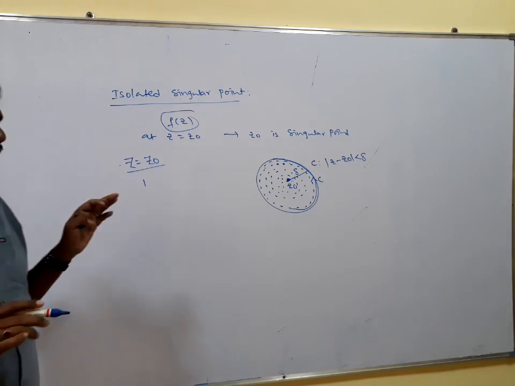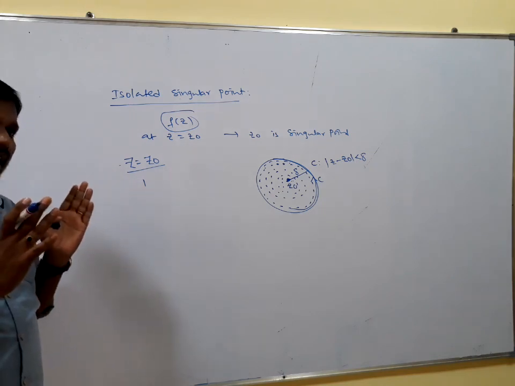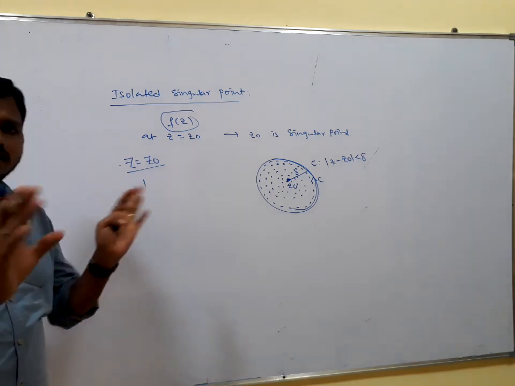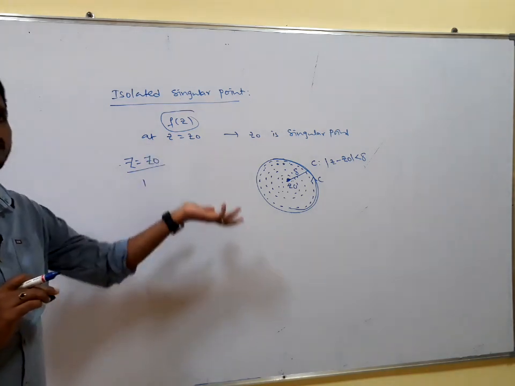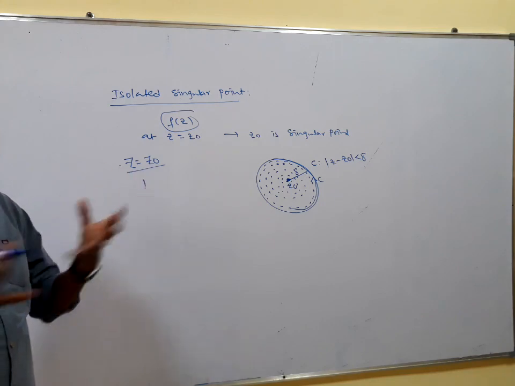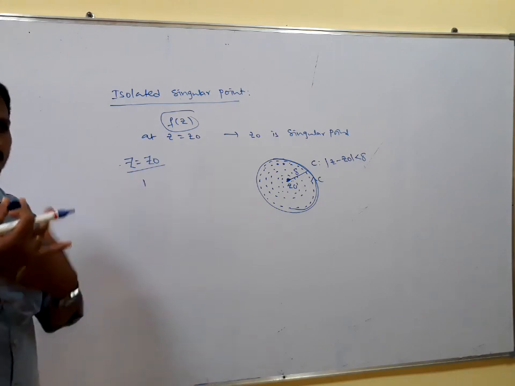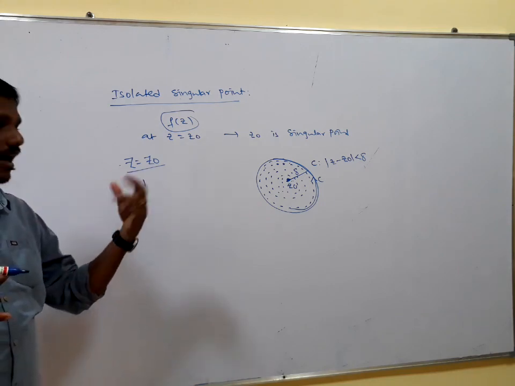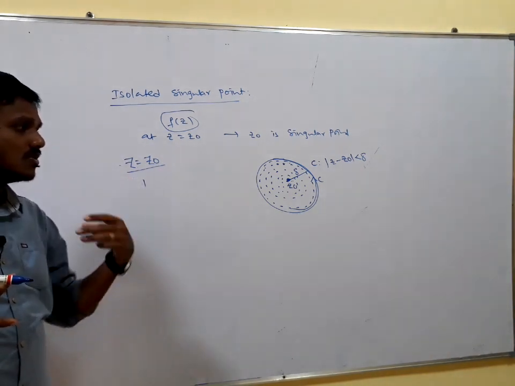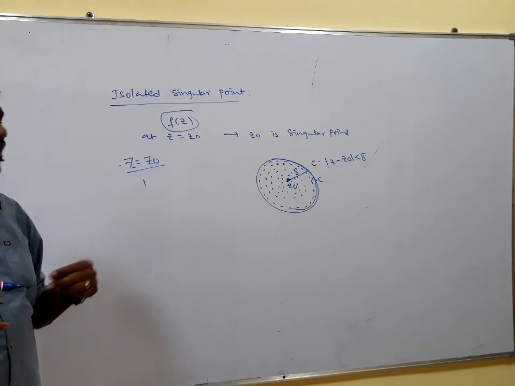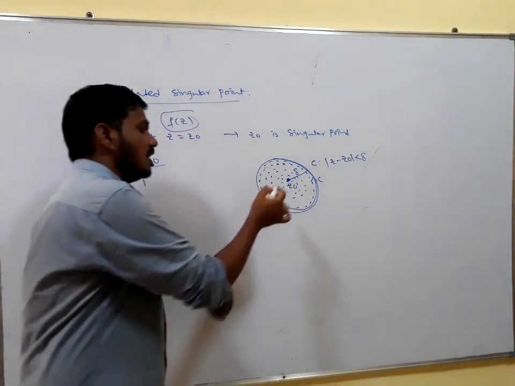Is it clear? First, the function is not analytic at z naught, so we say that it is a singular point. What is meant by isolated singular point? We isolate the point, meaning at each and every point near to z naught, or closer to z naught, the function is analytic, while at z naught the function is not analytic.